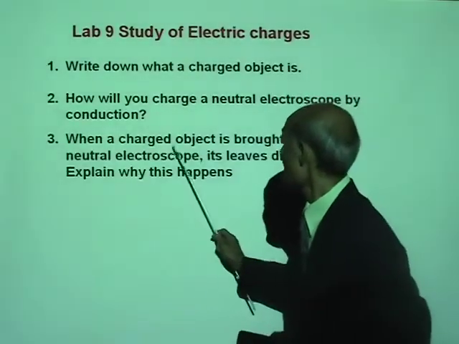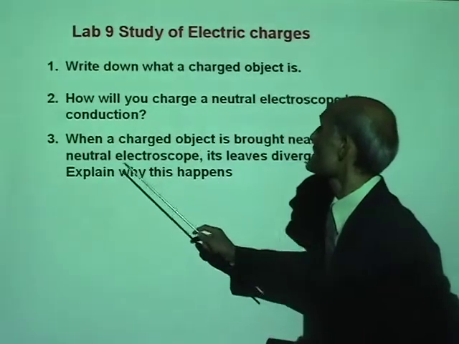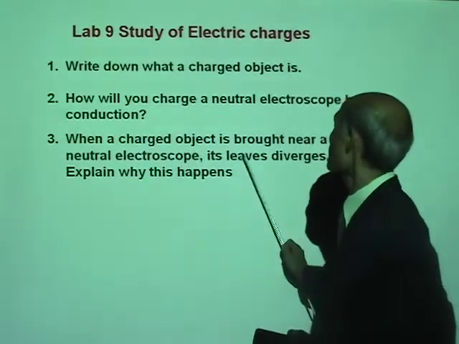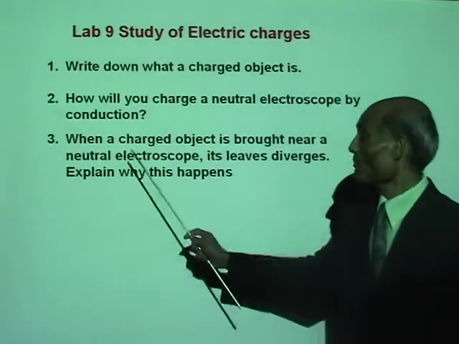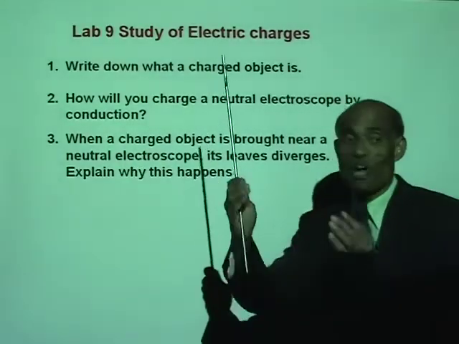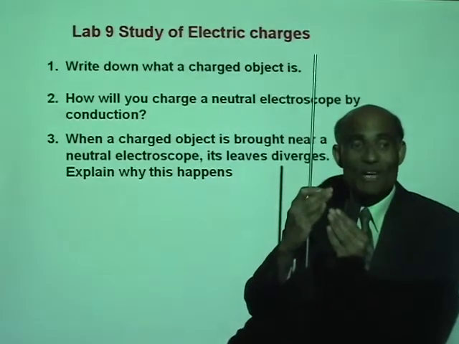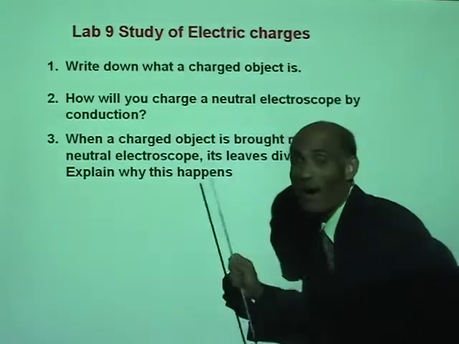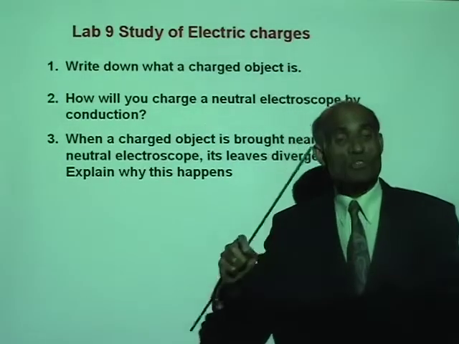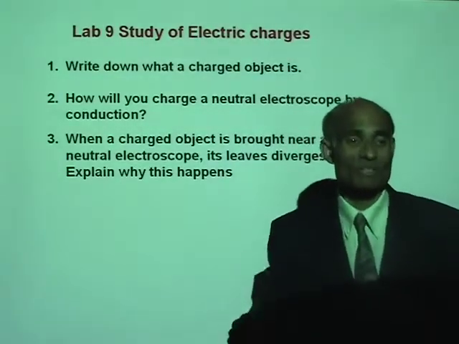When a charged object is brought near a neutral electroscope, its leaves diverge. See, I just showed it to you. Explain why this happens. I want you to put it in writing in your own words.